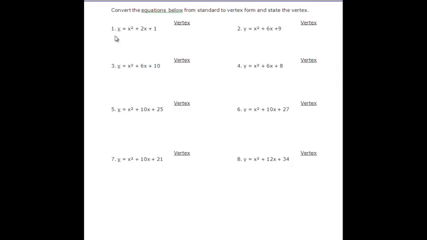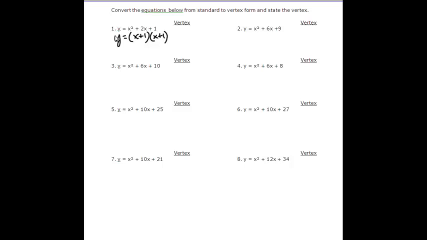So let's take a look at this sheet starting with question number 1. What they would like you to do is convert the equations from standard form to vertex form so that you can find the vertex of the parabola. In the first case, it's easily factorable. If you go ahead and factor that equation, you get y equals the quantity x plus 1 times the quantity x plus 1.